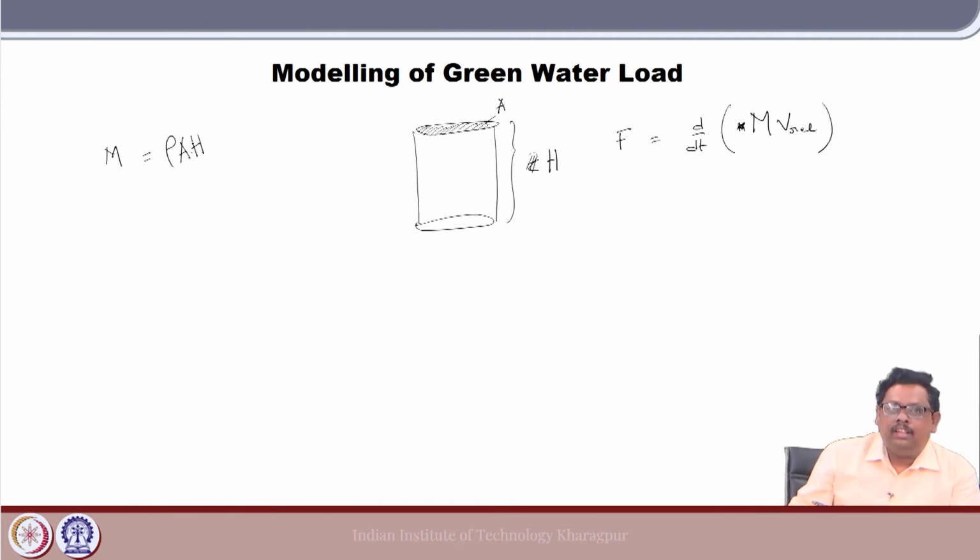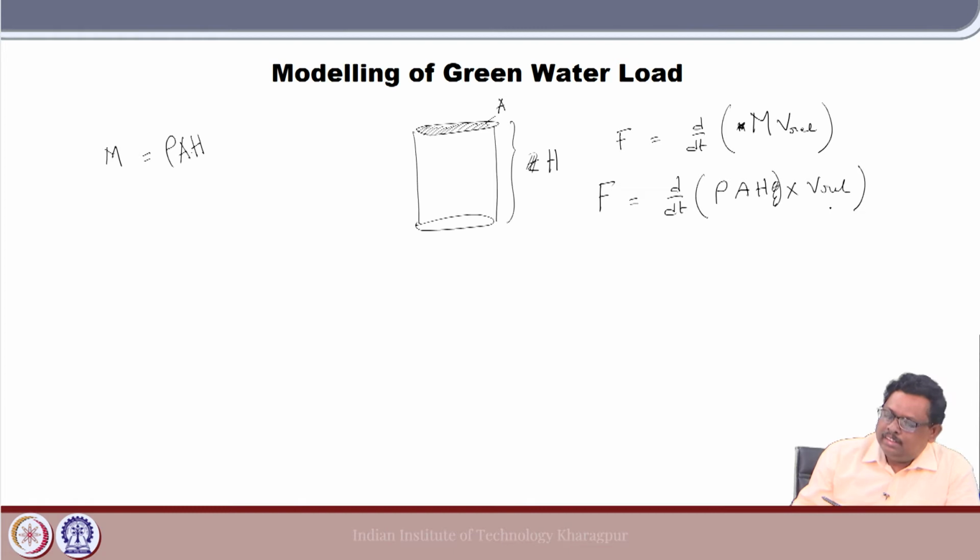So, that would be the total mass. Then I can write this equation again: this AF is equal to d/dt of rho into A into H, and also multiply by V relative. It's really easy.